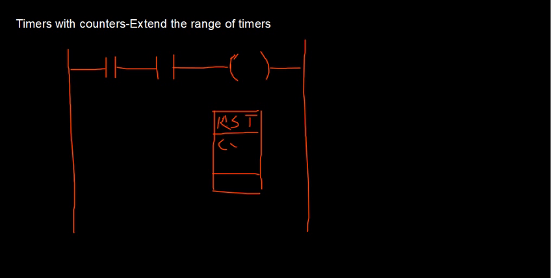Again, I will take it as C450 as usual, and with C450 let me have K of 24. I will tell you why I am having K of 24 here. Then the next one will be the output.